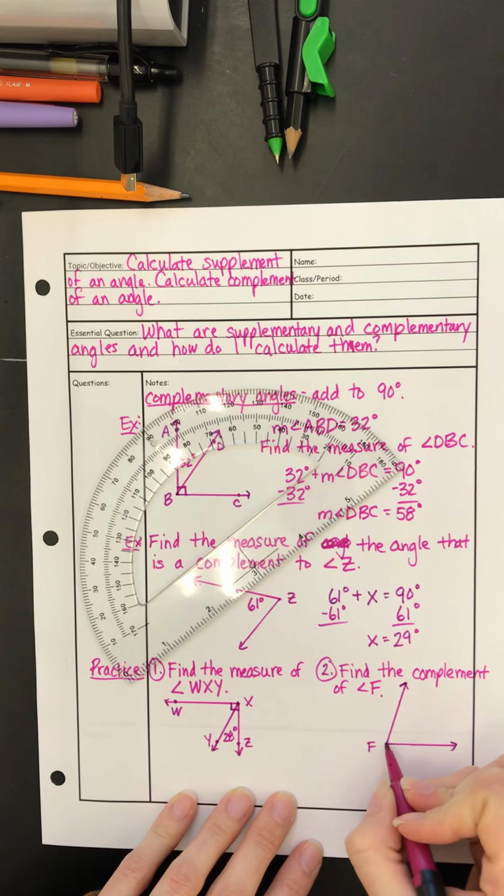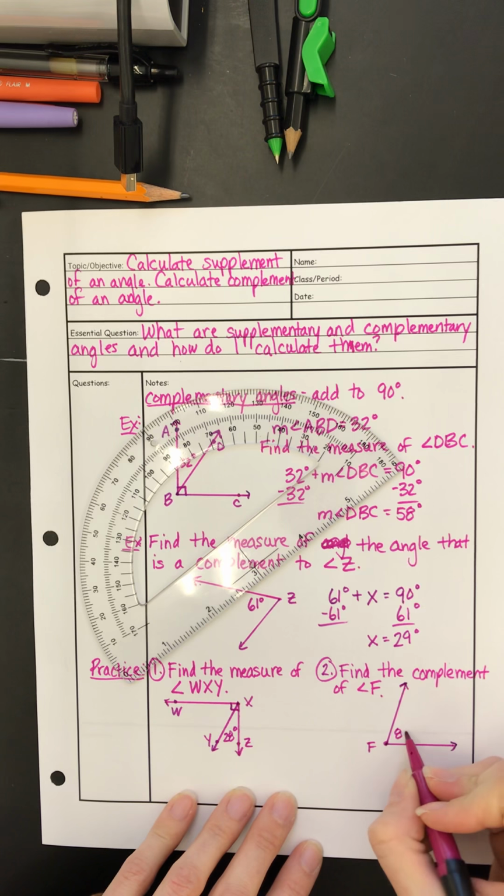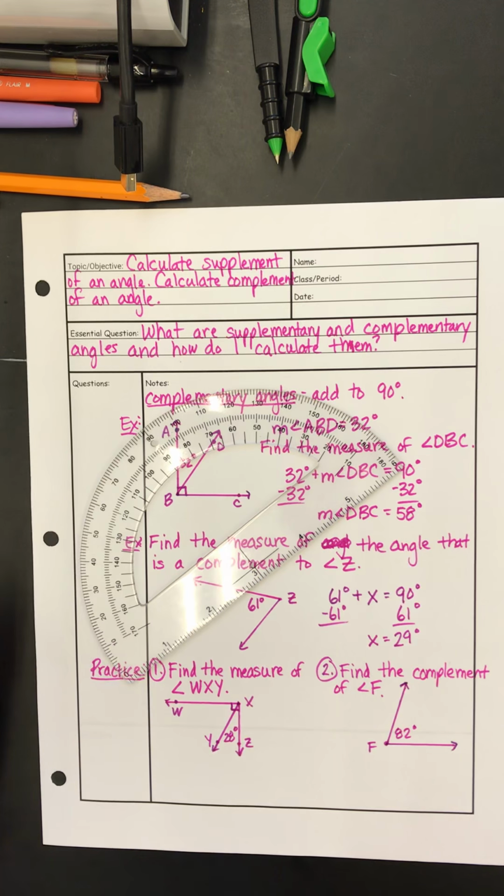Here's F, and this is 82 degrees. Go ahead and pause your video, see if you can figure out the measures of those two angles, and then we'll move on.